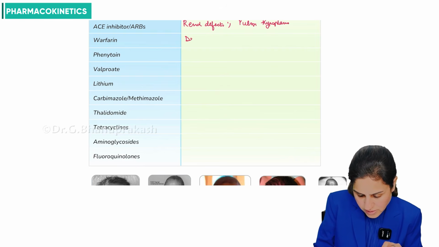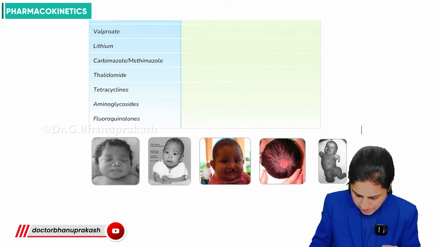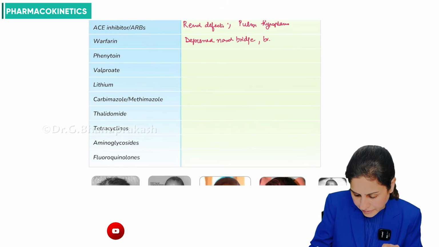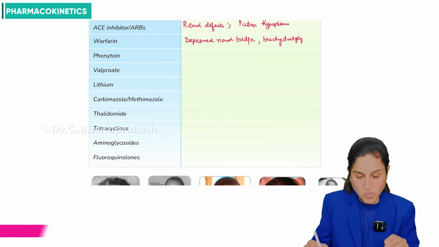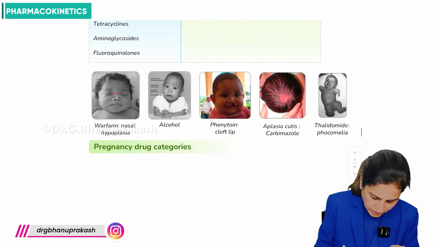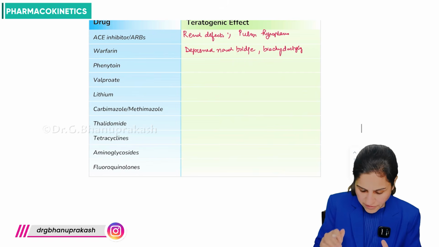Warfarin can cause depressed nasal bridge and brachydactyly, small digits. So this is a typical depressed nasal bridge seen with warfarin.